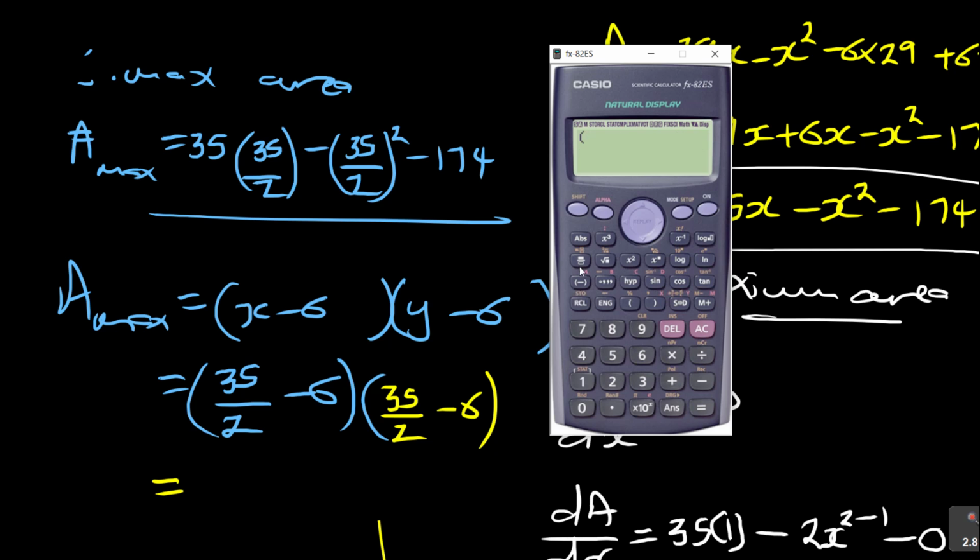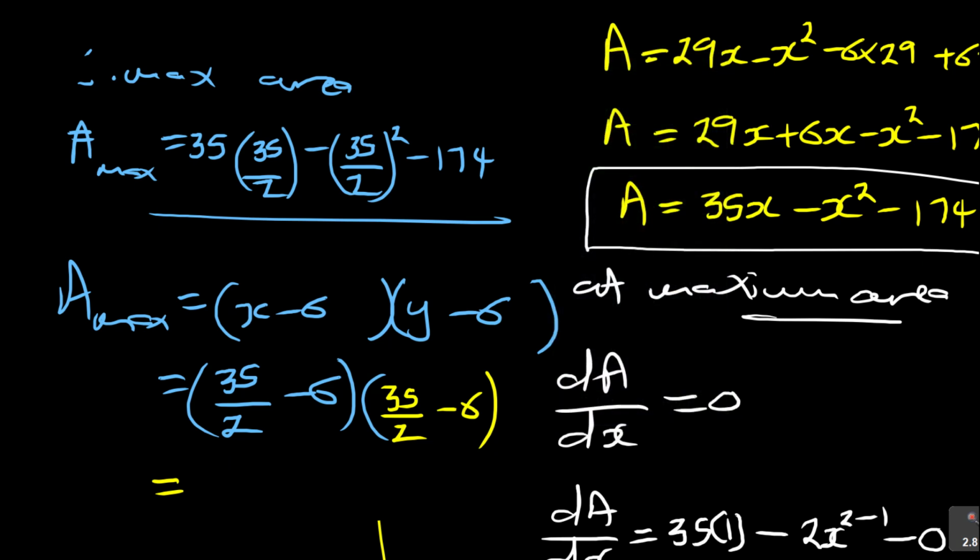Here is 35 over 2 minus 6. Okay, and then again 35 over 2 minus 6. It was actually a square there. It's 132. Let's see if it gives us 132.25. There it is, 132.25.